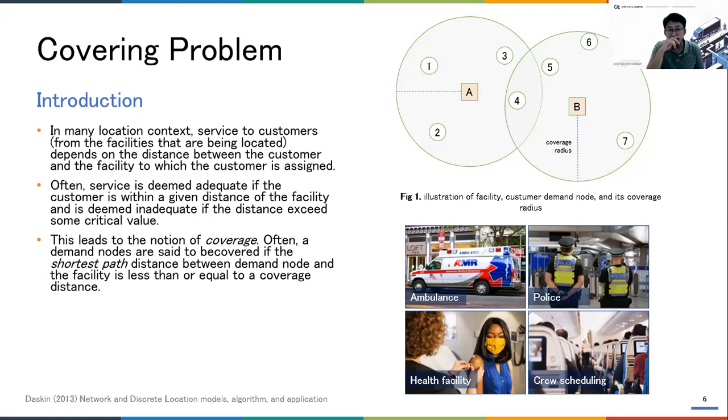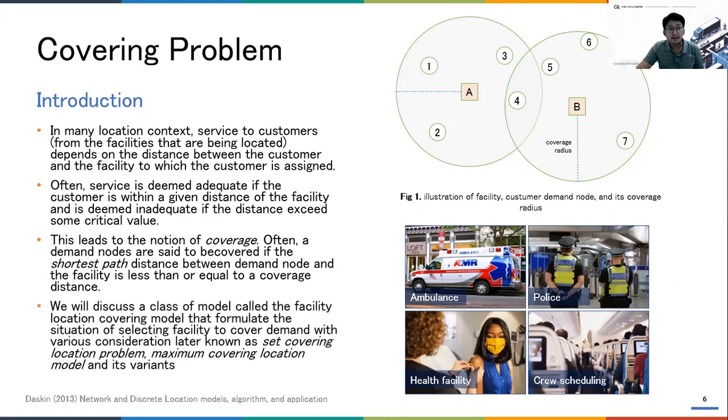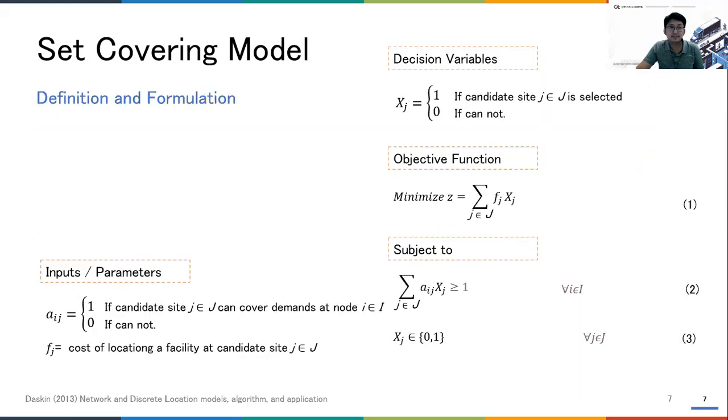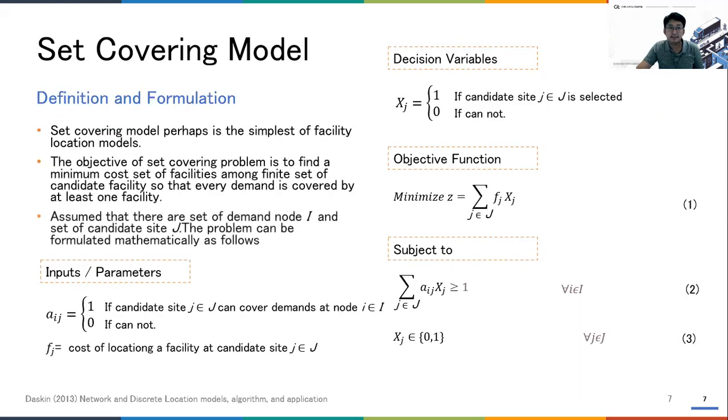Now there are a lot of applications for this, like ambulance, police, health facilities, and also crew scheduling. Crew scheduling can also be treated as a covering problem. We have set covering location and maximum covering location. First we will discuss the set covering problem, which is part of covering problems.